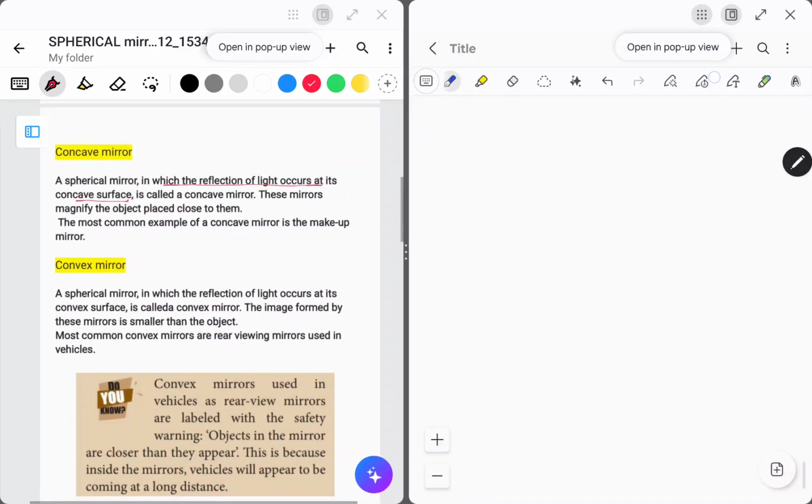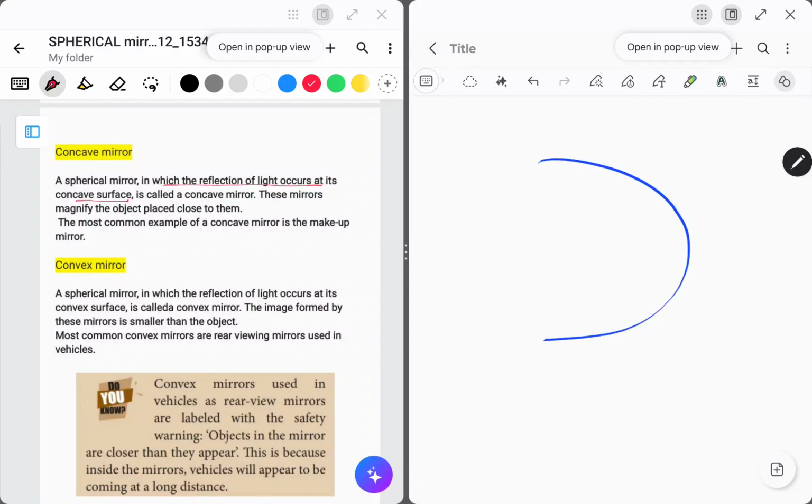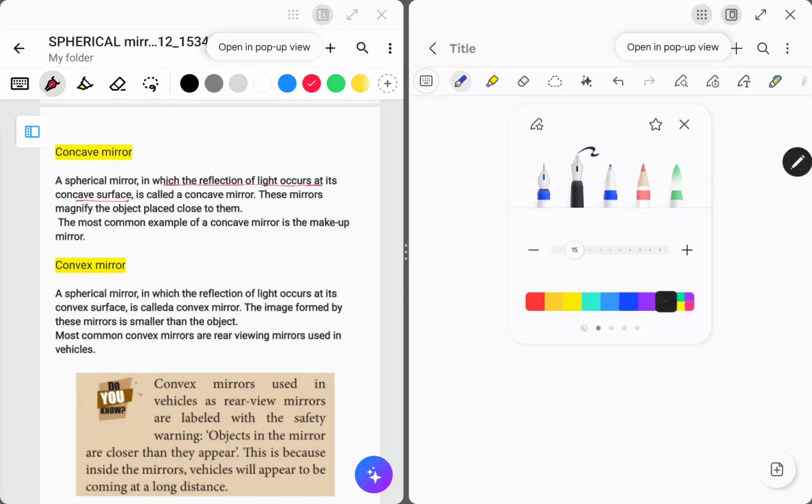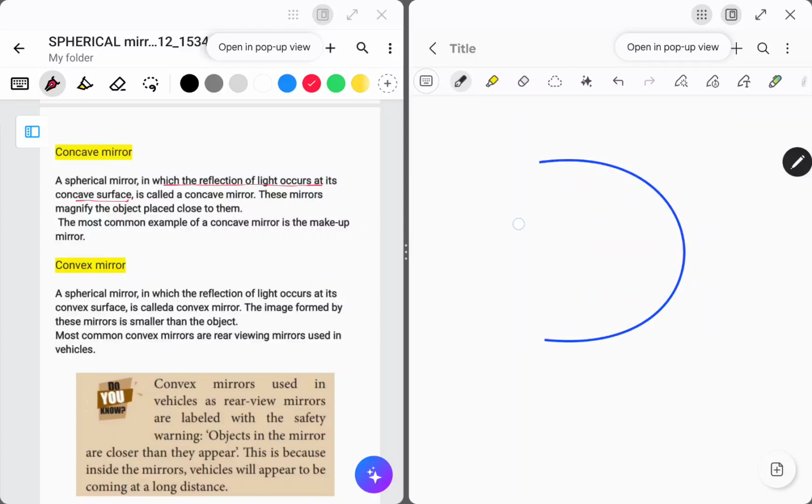Now if I draw a curved surface like this, whenever the reflection is happening on a cave-like surface, then we consider it a concave mirror.